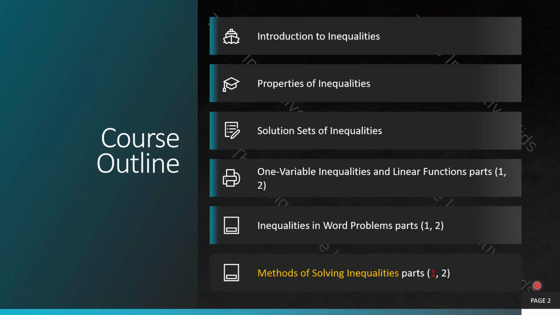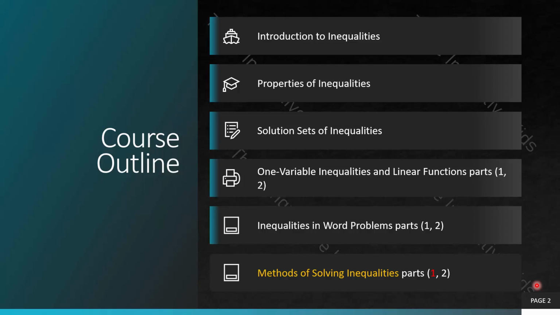So again, this is part 1 of the last lesson in our 8th grade Unit 9 series, and the lesson is Methods of Solving Inequalities. Last time we explored the different ways we can apply inequalities in linear equations and linear functions, basically combining all of those different areas in math that we've learned previously, so how to use them comprehensively when solving word problems.